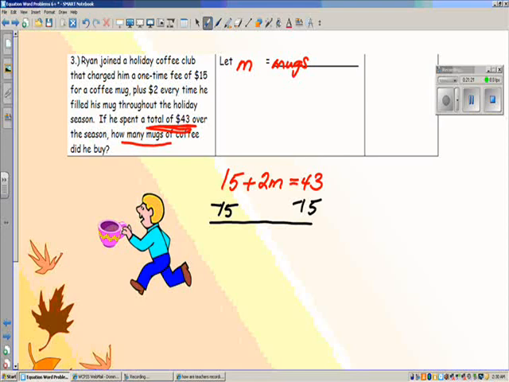I'm going to write my new equation. The 15 minus 15 cancels out. That becomes 2M. What's 43 minus 15? Okay, 28. Next step, divide by 2.